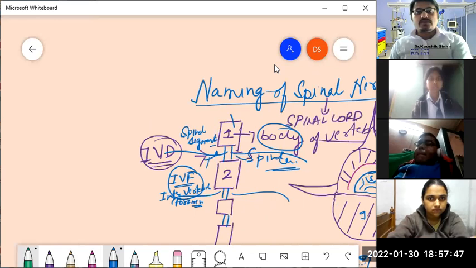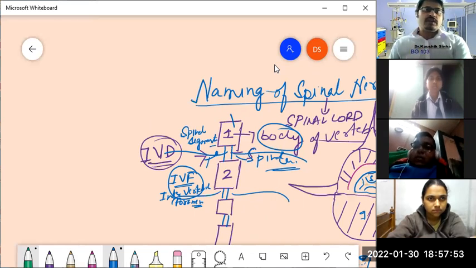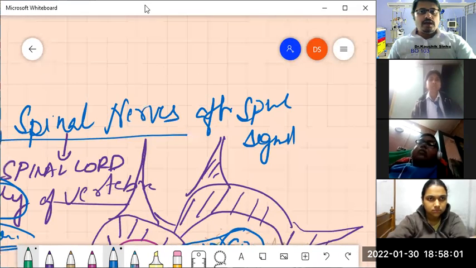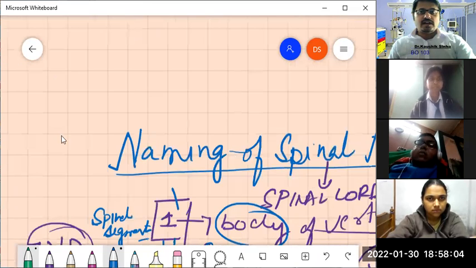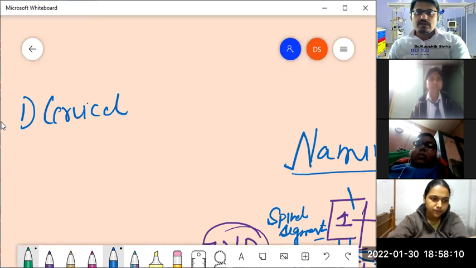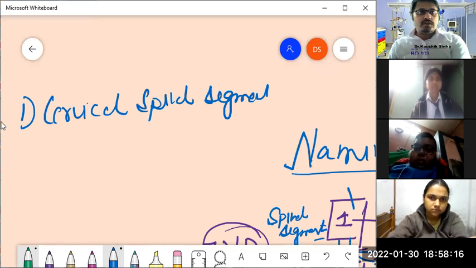Following the same principle, we also have the segmentations of the spinal cord. So the part of the spinal cord present in the cervical area is considered the cervical spinal segment. Understood? Yes or no? I will show you a different diagram if not, but did you at least take the concept of what the cervical spinal segment is?